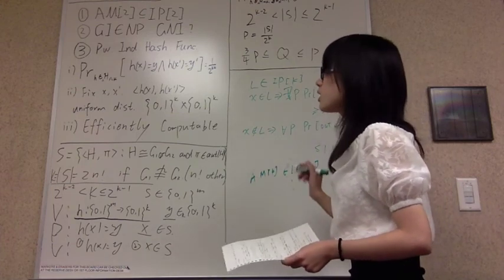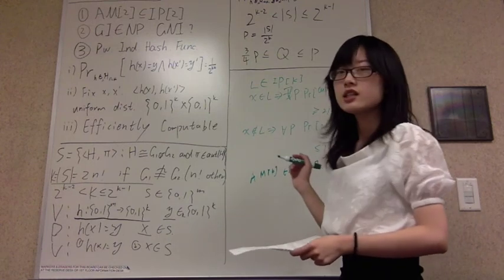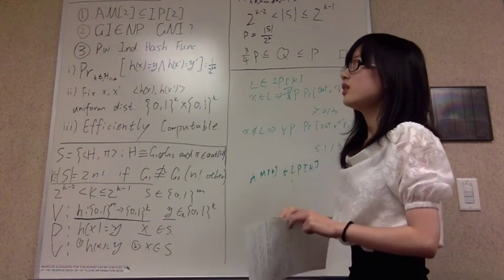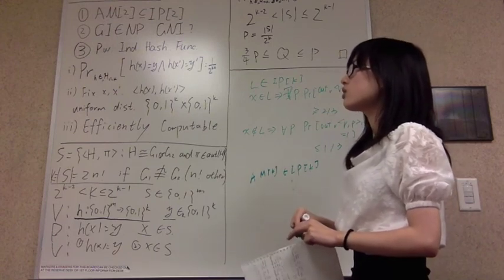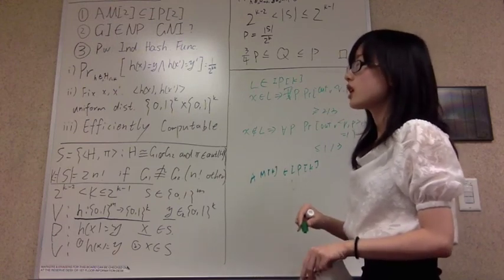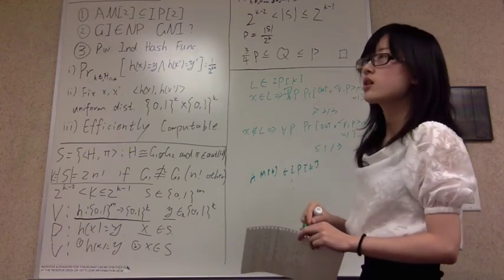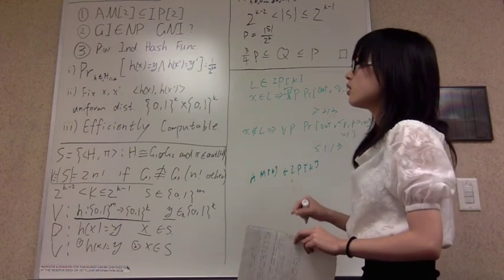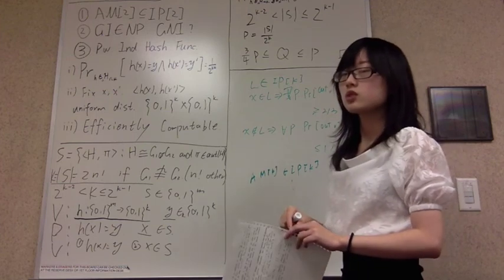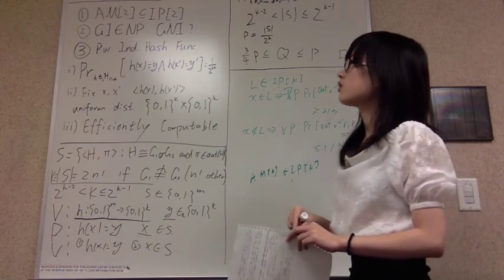And now we come to the concepts of GI and GNI. GI is the problem that, given two graphs G1 and G2, we would like to decide whether G1 and G2 are isomorphic. And of course, GI is in NP, as we can use the description of the permutation from G1 to G2 as a certificate.